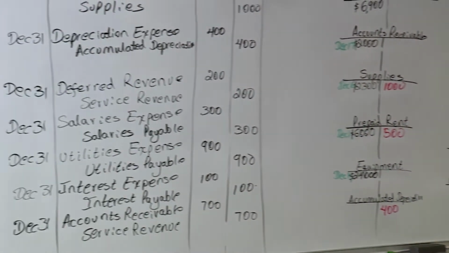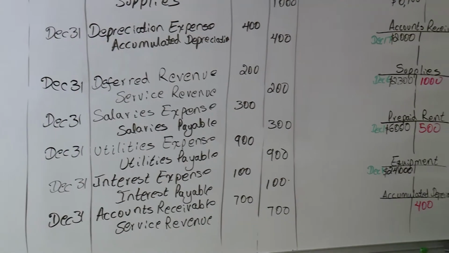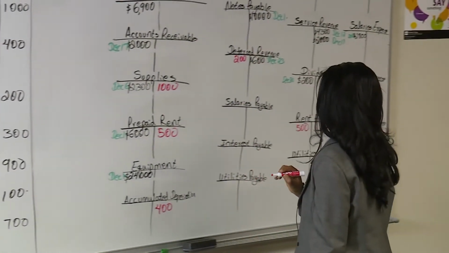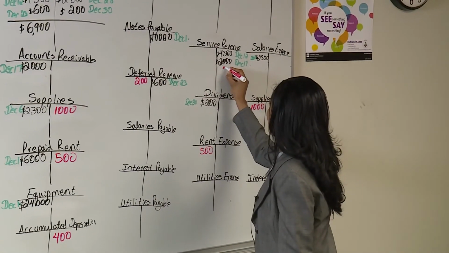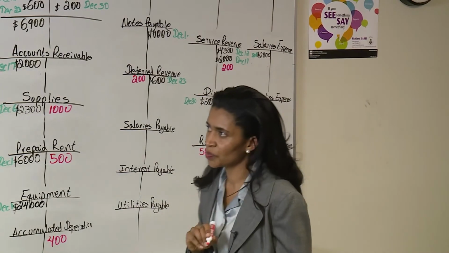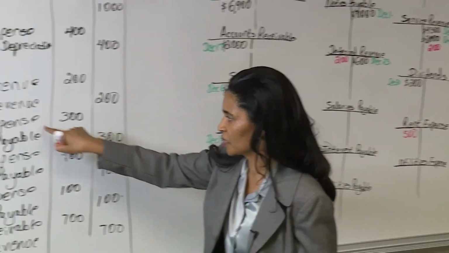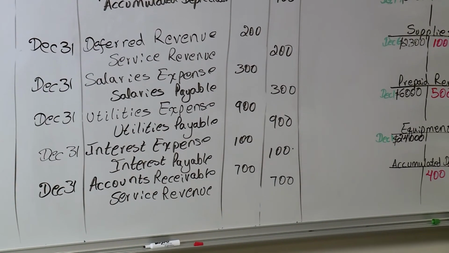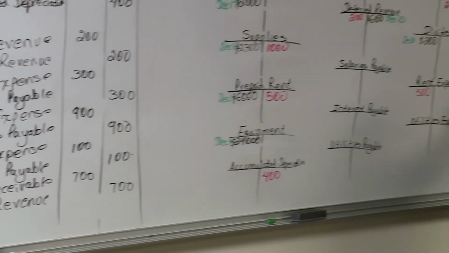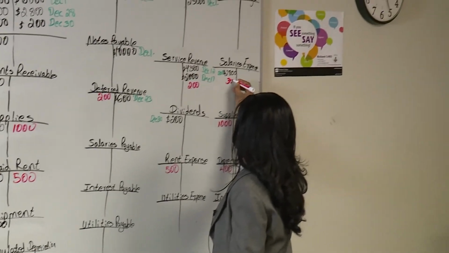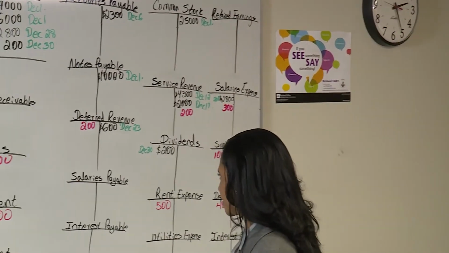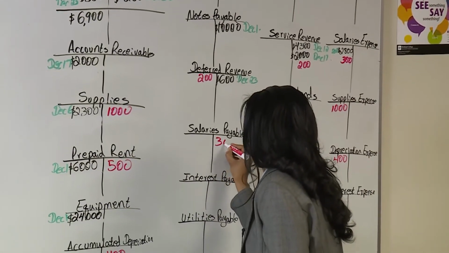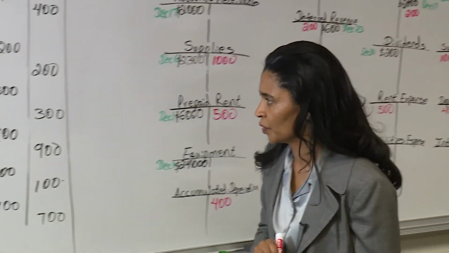Deferred revenue and service revenue. Deferred revenue, we reduce it from the deferred revenue and we put it in our service revenue, because we provided the service for the amount we received in advance. Salaries expense and salaries payable. Salaries expense 300, and salaries payable 300, credit for the payable.